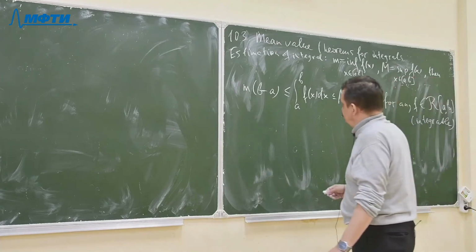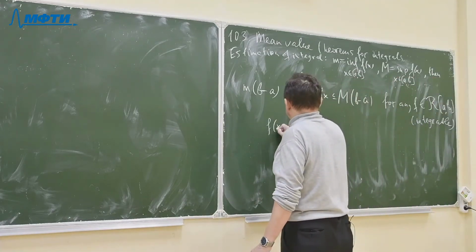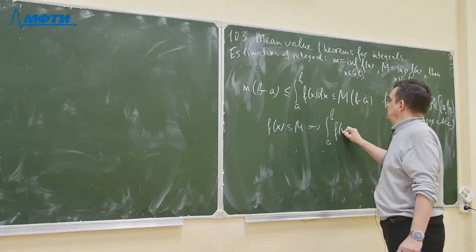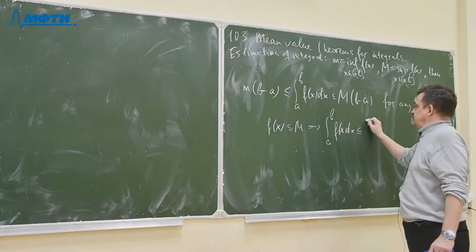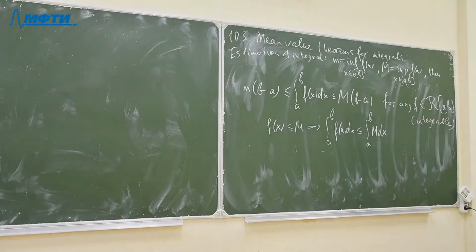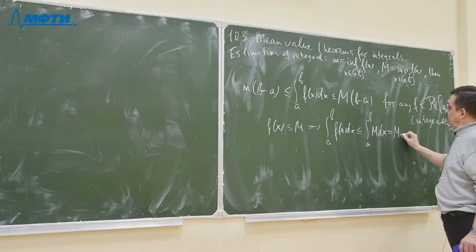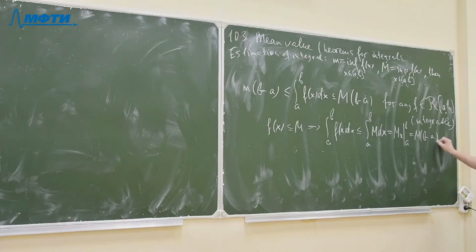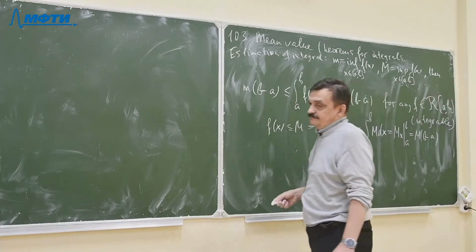Because you see f of x is less or equal to M, hence the integral, in fact by the monotonicity property, of M dx, and we know the primitive for a constant is M times x, that is M times b minus a. And analogously we prove the left hand side, right?